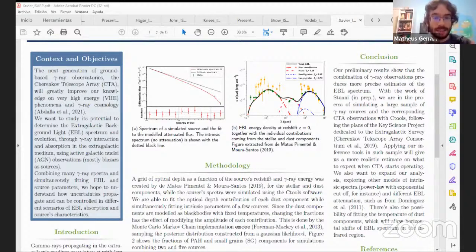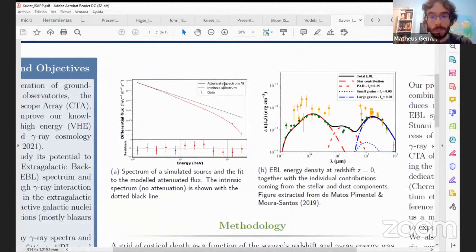It's actually a simulated observation, it's not real data, but we can see in the dashed black line the intrinsic spectrum modeled as a simple power law, and the red line is the model with EBL attenuation. So what EBL does, the attenuation of gamma ray photons, gives an exponential attenuation essentially to the flux.